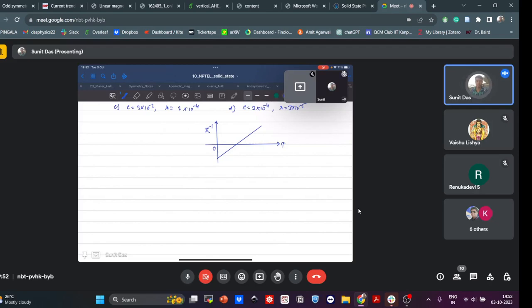O is the origin, and this cutoff is given as minus 2 into 10 to the power 4 CGS unit, and this transition temperature is 600 Kelvin.